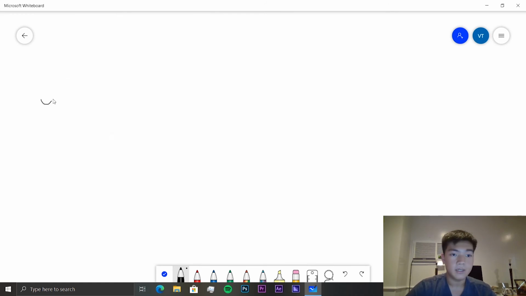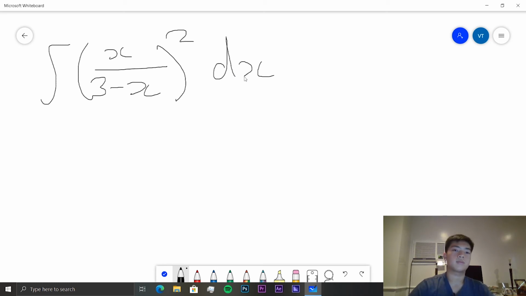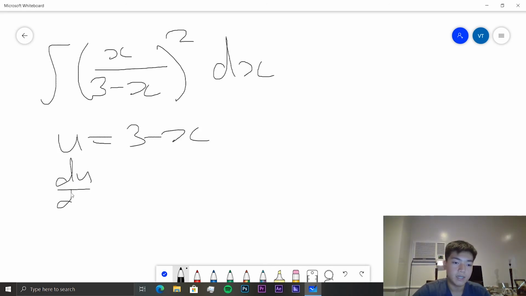We have the integral of x over 3 minus x squared dx. Interesting. So we have u is equal to 3 minus x. Du over dx is equal to negative 1.